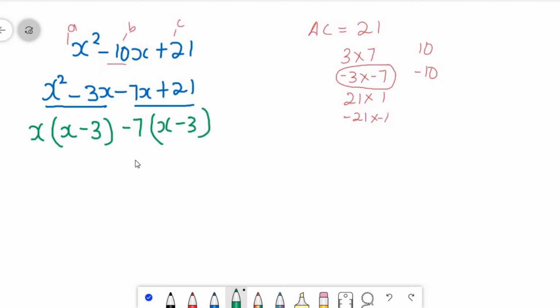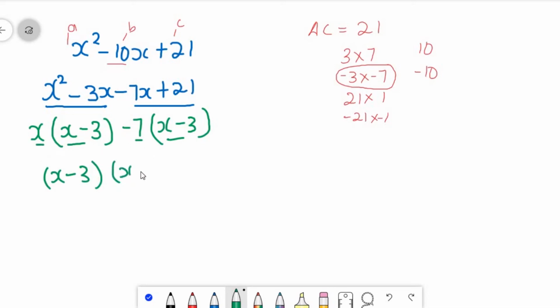We could check it back to ensure that it's actually correct. Negative 7 times x would give us negative 7x. And negative 7 times negative 3 would give us positive 21. Here we realize that both brackets have the same thing, so that means that we are going in the right direction. We're going to rewrite what's in the two brackets first, x minus 3, and then in the second bracket we put what is outside both brackets.